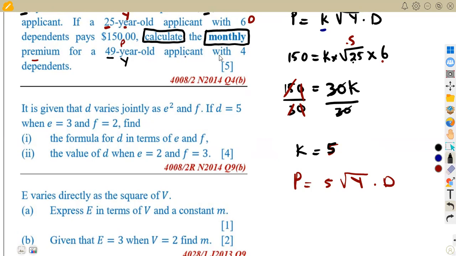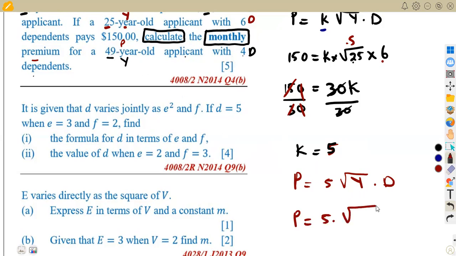And the applicant with the 4 dependents: we said the number of dependents is represented by what? By D. So we have Y, which is the years, and D, which is 4 dependents of this applicant. So we are going to calculate P, which is 5 times the square root of Y, where Y is 49.